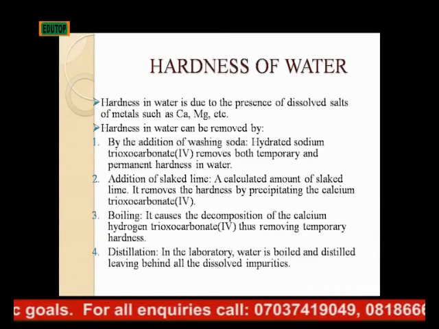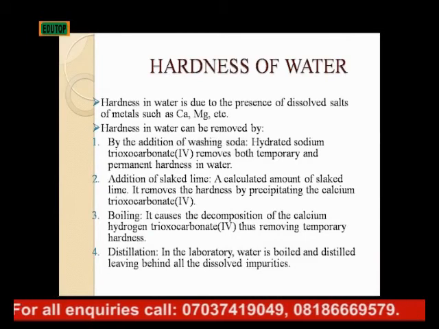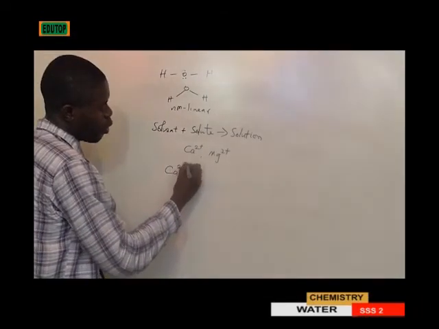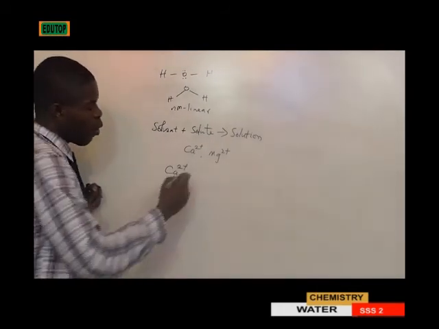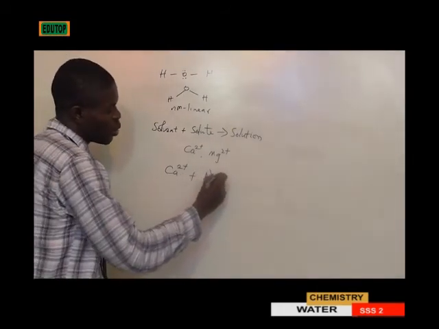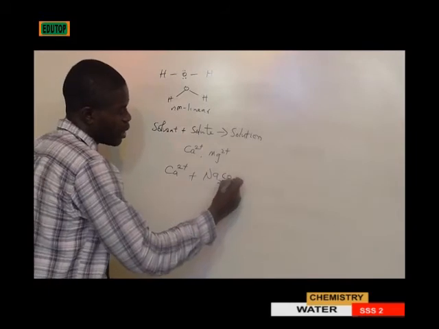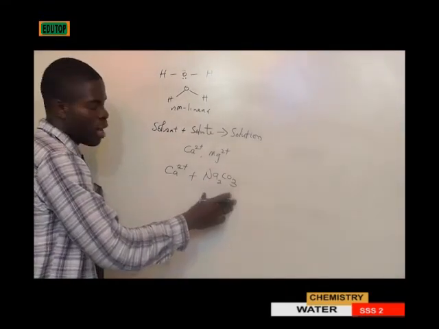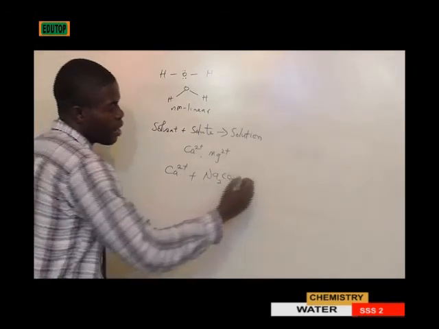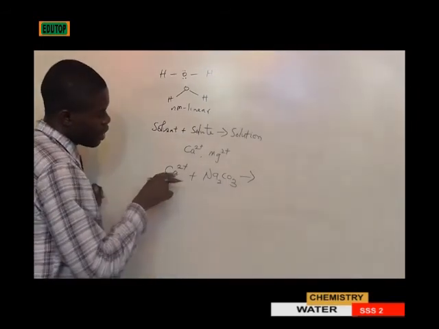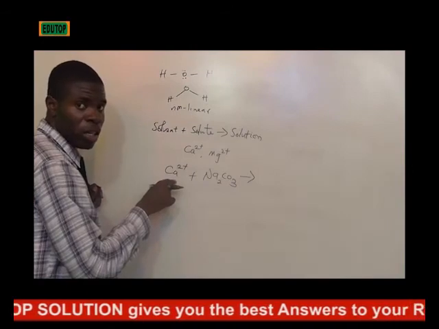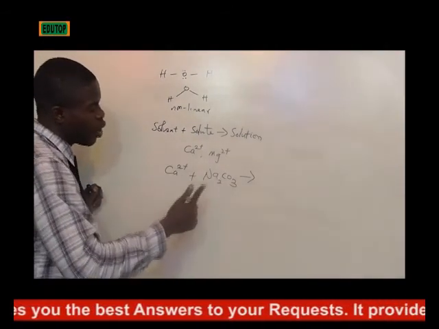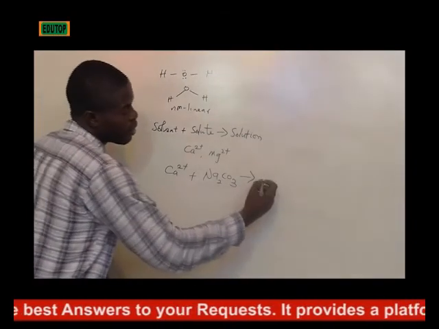Addition of washing soda. What do you understand by washing soda? This is calcium 2+ in water. Washing soda is sodium carbonate. This is washing soda. What this does in this system is to remove this calcium 2+ from the system so as to remove hardness, and that can be done when this combined with this.